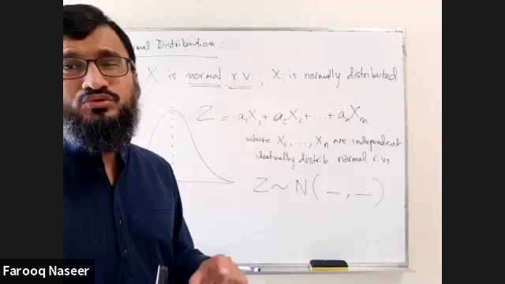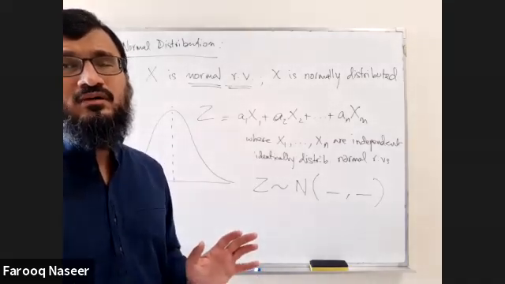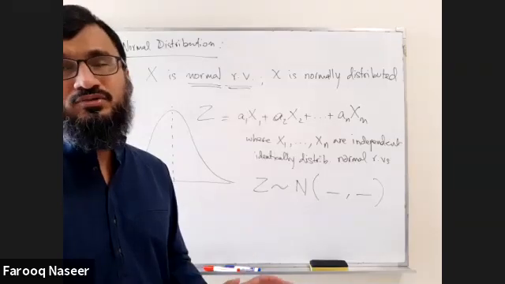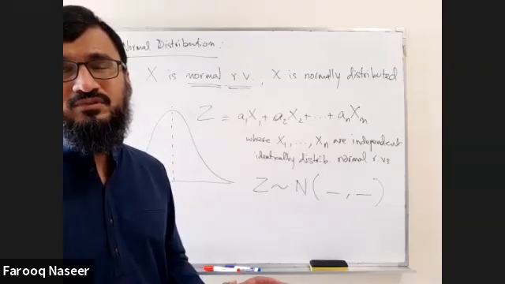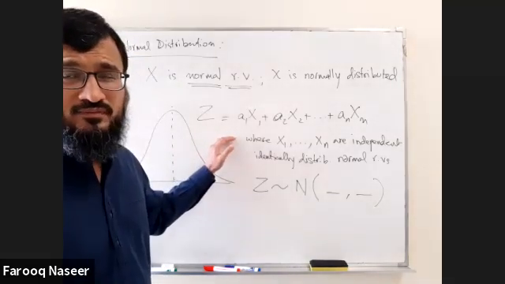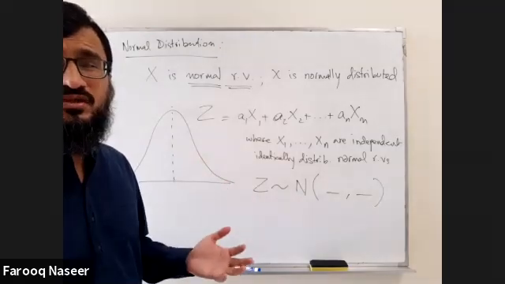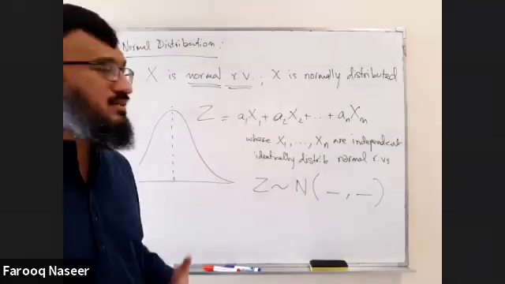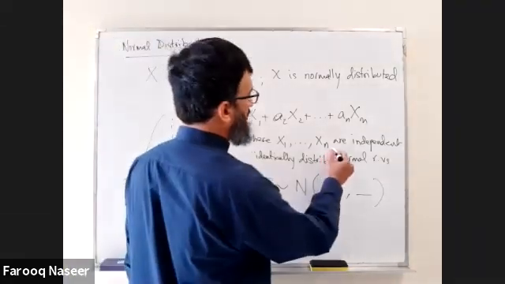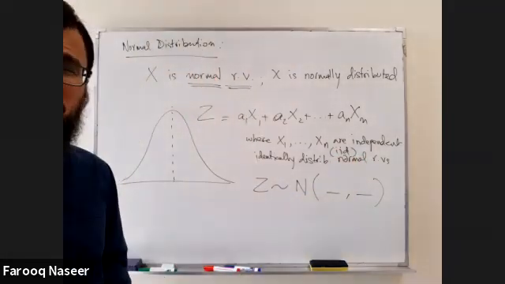So if you have two uniformly distributed random variables and you add them, the result is not a uniformly distributed random variable, right? So this is a unique property of normal random variable. Linear combinations of independent IID normal random variables is itself normal.